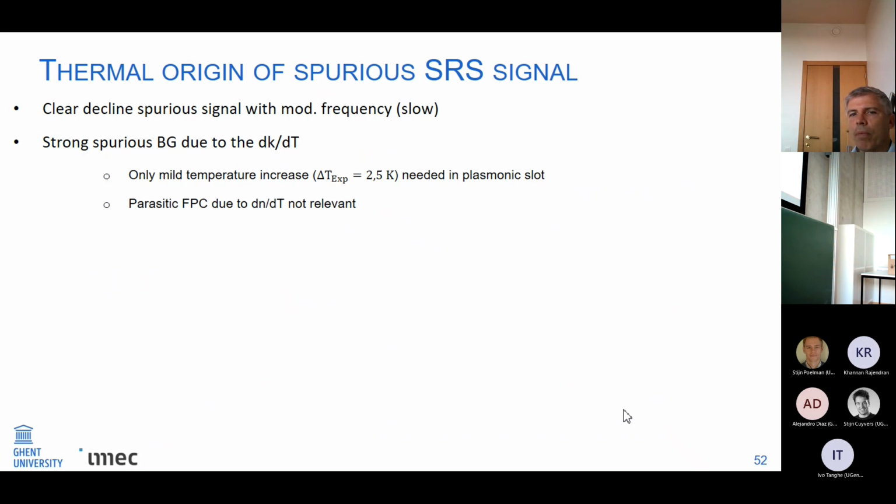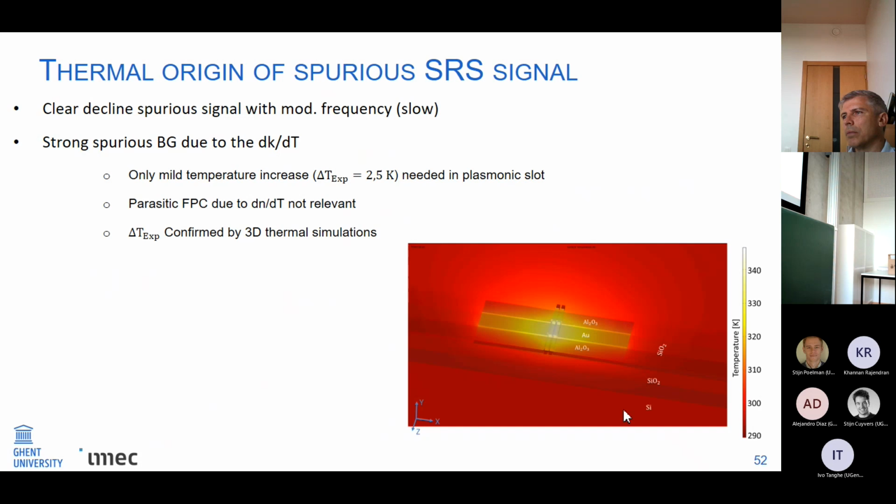And furthermore, I also calculated that the effect due to the thermo-optic coefficient is not relevant, because in this case you could also have the cavity fringes, so that you could pick up through the thermal variation of the effective index, but that effect I calculated was much smaller than that due to the thermal extinction coefficient.